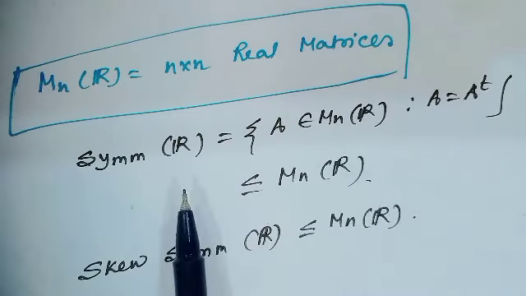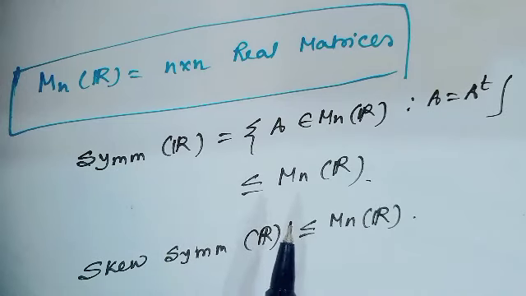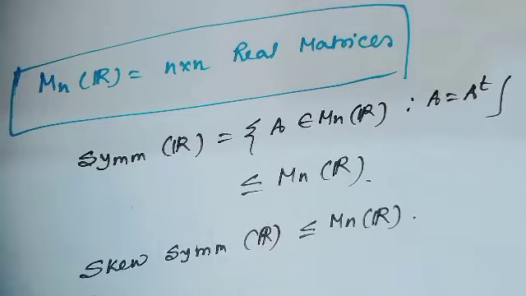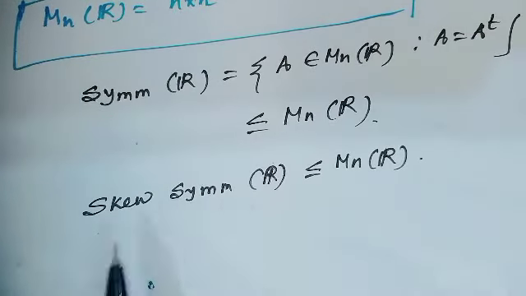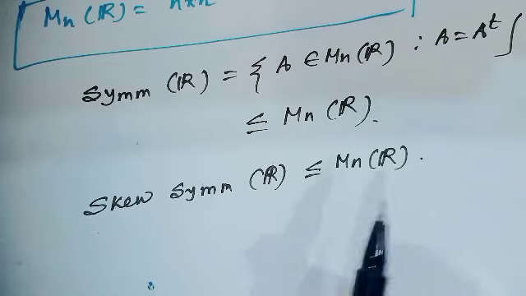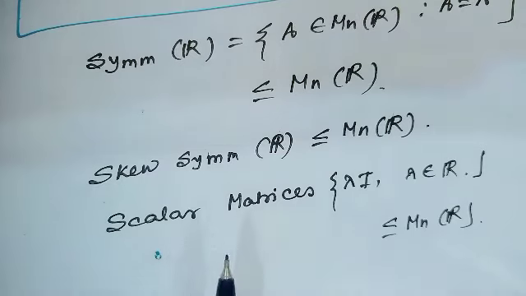Symmetric matrices over the field are obviously a vector subspace of the set of all n cross n real matrices, and similar to before, skew symmetric matrices are also a vector subspace of n cross n real matrices. We consider all scalar matrices, that means lambda times I, where lambda belongs to R. This is also a vector subspace of MNR.